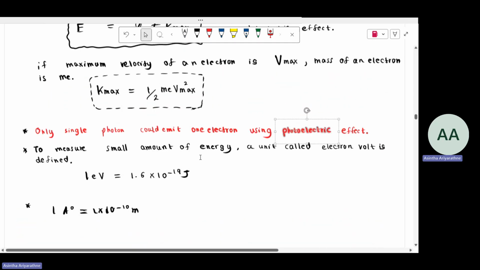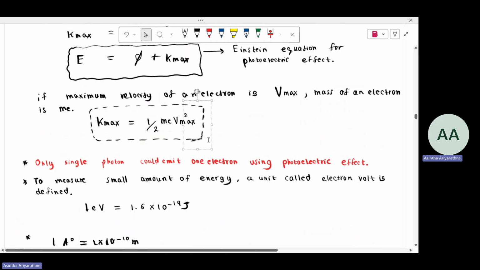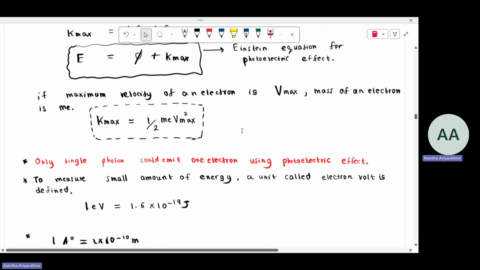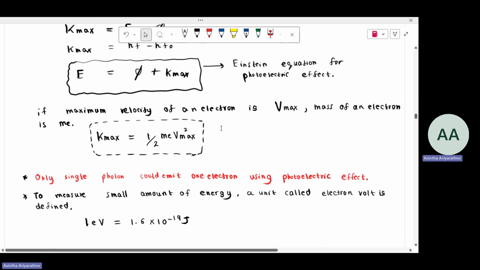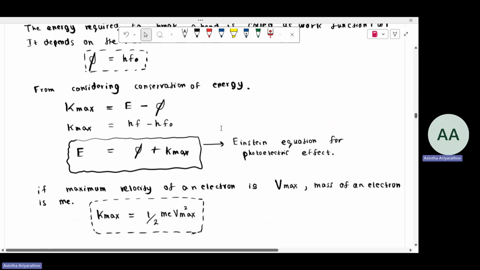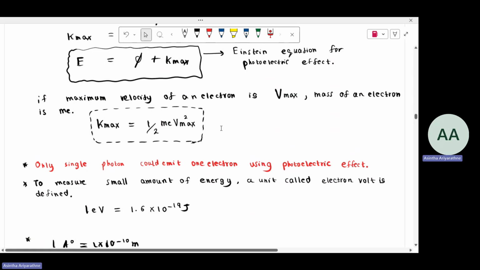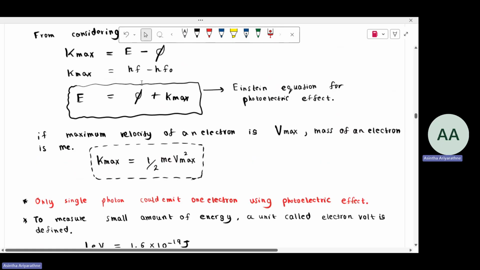Right, so in today's session, we learned about a new phenomenon called the photoelectric effect, which cannot be explained using the traditional wave theories. So a new concept called photons, the energy packets, was introduced by Max Planck, and on top of that, Einstein formulated the equation which governs the photoelectric effect.